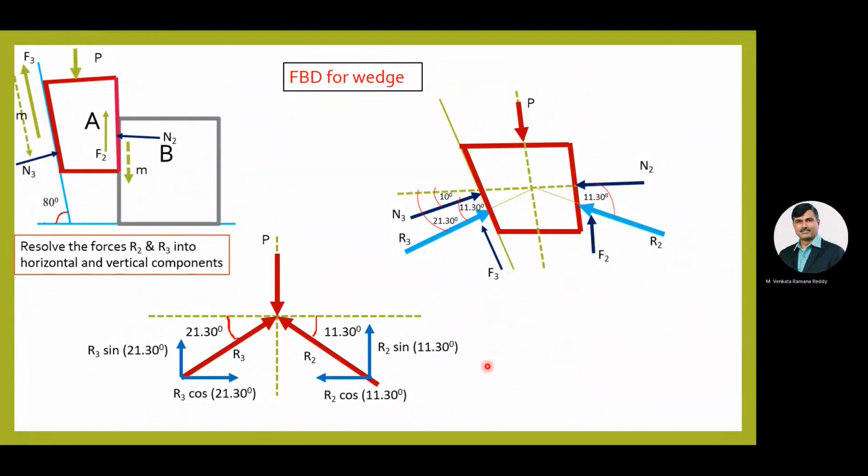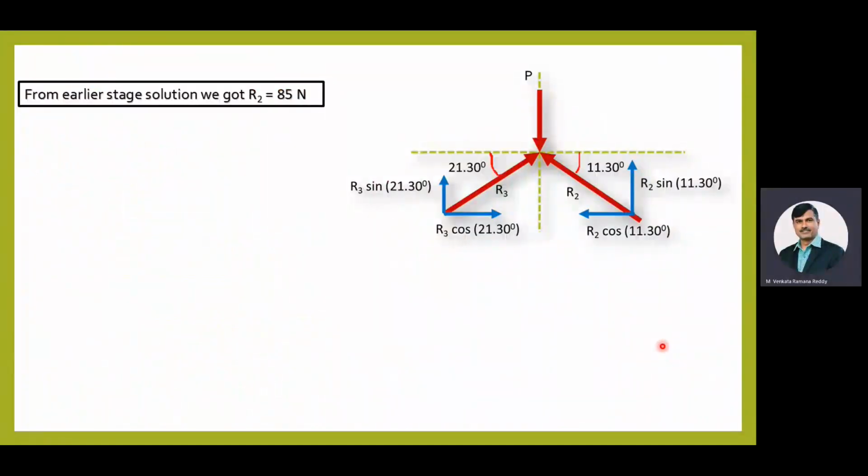In order to calculate the values of the unknown forces, say P as well as R3, we consider the equilibrium of the wedge. Under equilibrium of the wedge, we are considering two conditions. The first condition is summation of horizontal forces is equal to 0, and the second condition is summation of vertical forces is equal to 0.